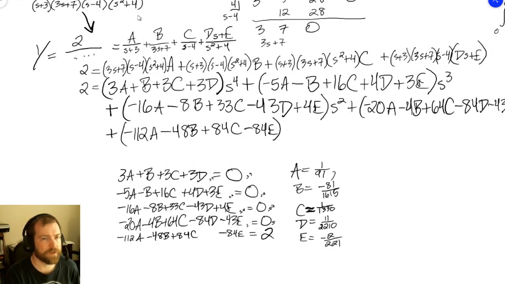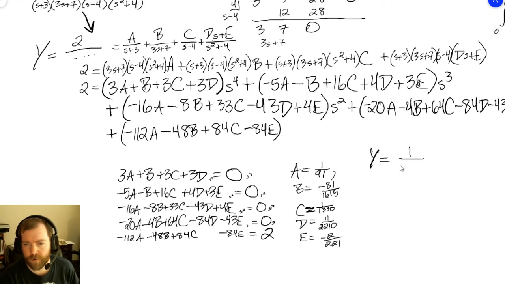So then now we have this whole equation here, which is going to be y equals, a is going to be 1 over 91 times (s plus 3). Minus 81 over 1615 times (3s plus 7).